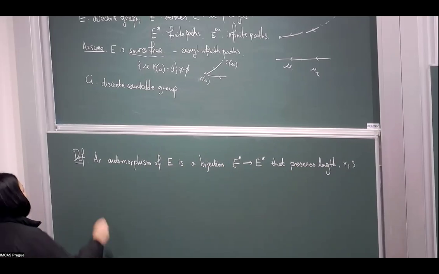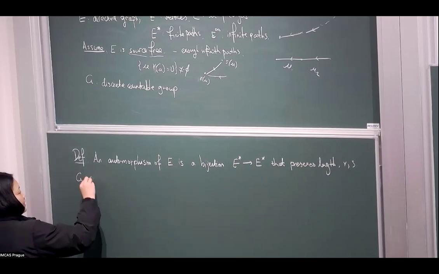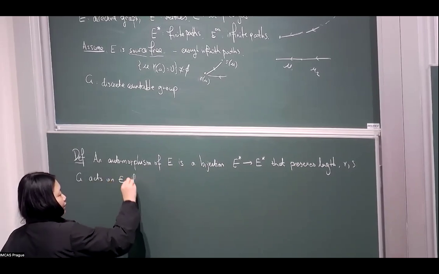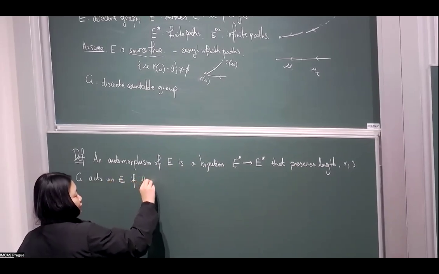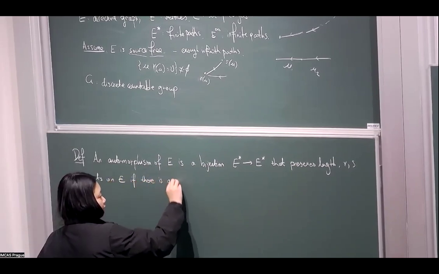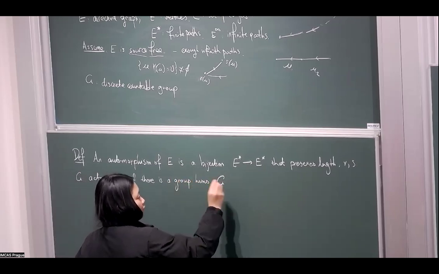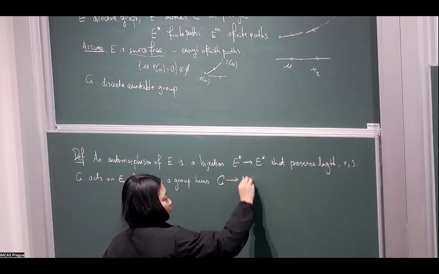Then I will say that G acts on E if there is a group homomorphism from G to the automorphism group.